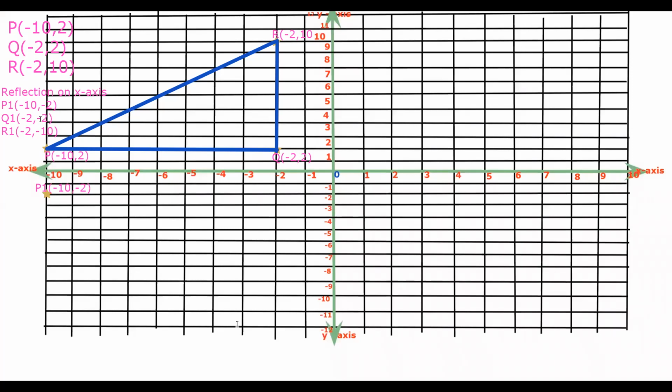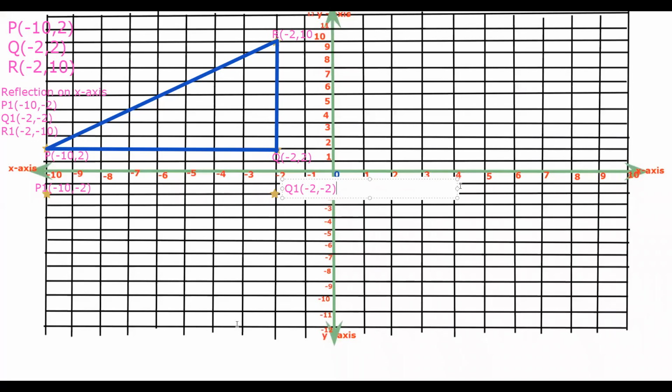Then Q1 is (-2, -2). So this is -2, and here is -2. You write the coordinates, Q1 formed by -2 and -2.